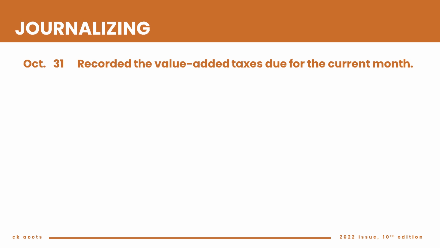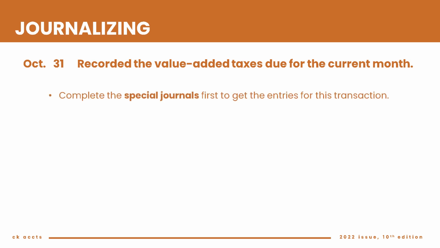And lastly, October 31 pa rin, recorded the value-added taxes due for the current month. Ito naman, wala pa tayo dito na expected na or yung talagang eksakto na value kasi we have to complete our special journals first for us to get the entries for this transaction.